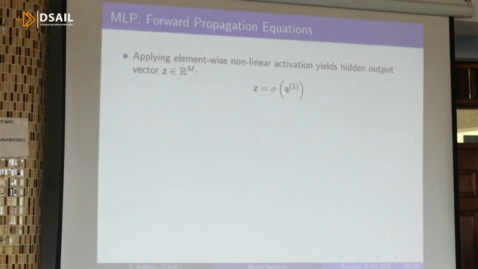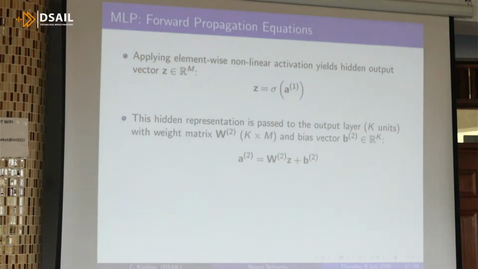The activation function now operates not on a scalar, but on a vector. Again, it's a vectorized operation. So this Z now is a post-activation value, which is the hidden output vector Z, also an element of Rm. That simply means it is m-dimensional.